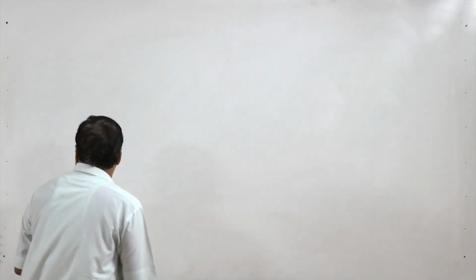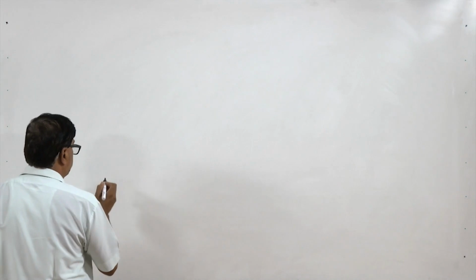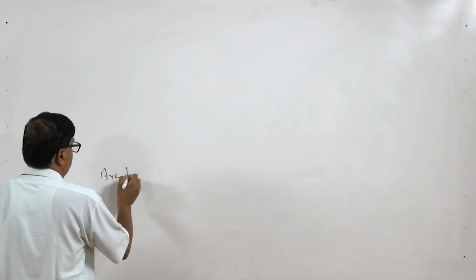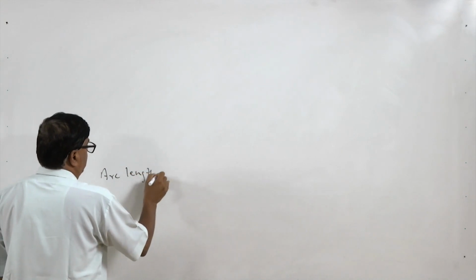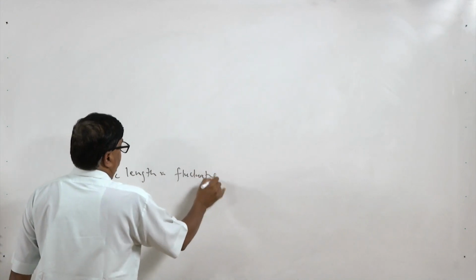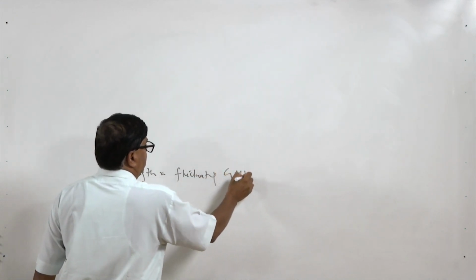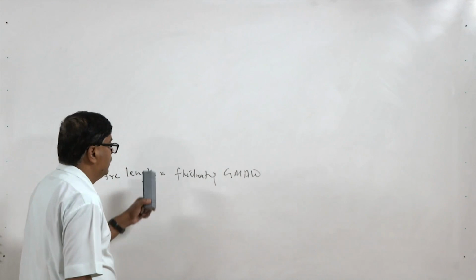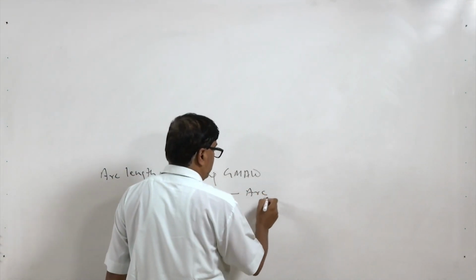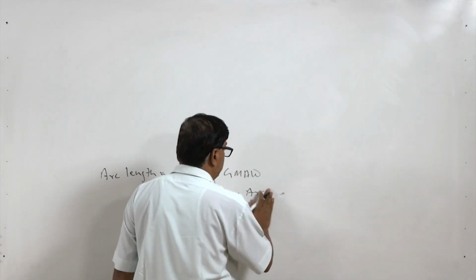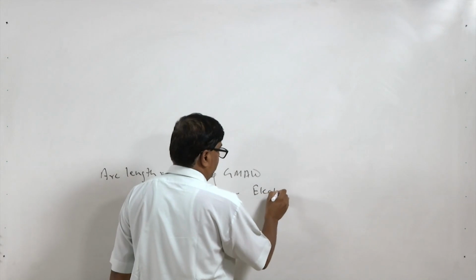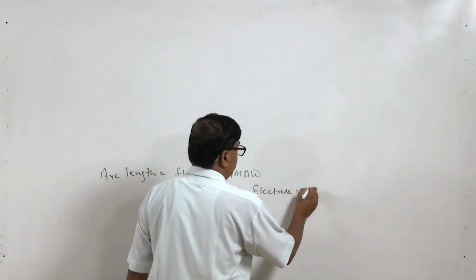So, the two things: one, the arc length is fluctuating in the case of gas metal arc welding. Why? Because the electrode is consumed.